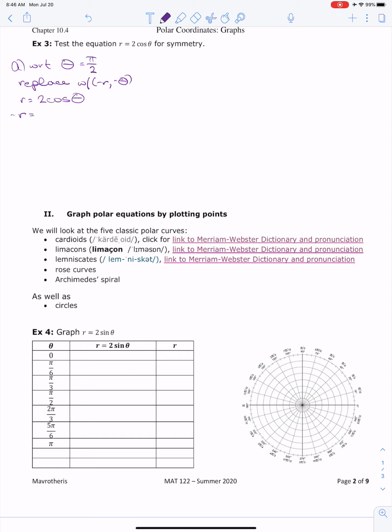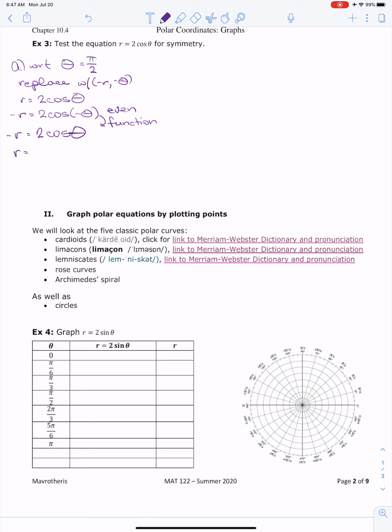We go negative r equals 2 cosine negative theta. We remember that cosine is an even function, so take a minute to think about what that means. That means that 2 cosine negative theta is going to have the same value as 2 cosine theta.